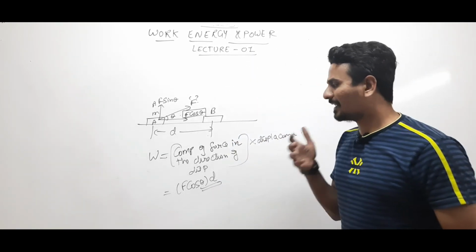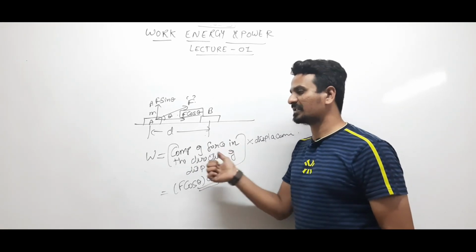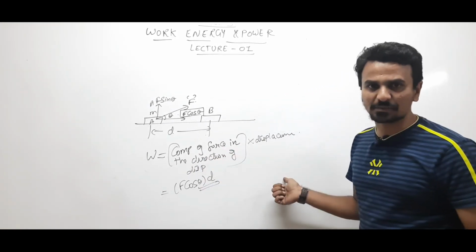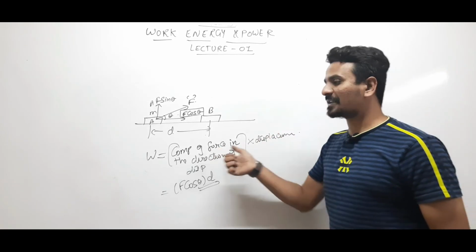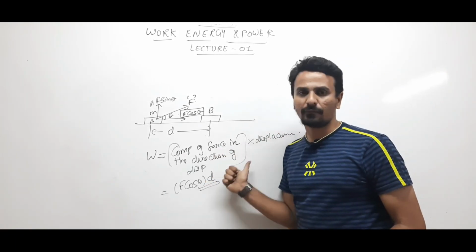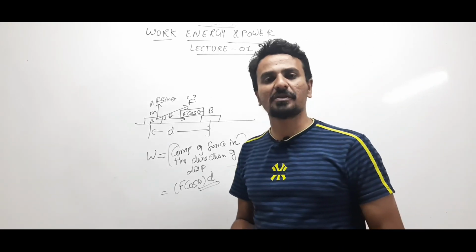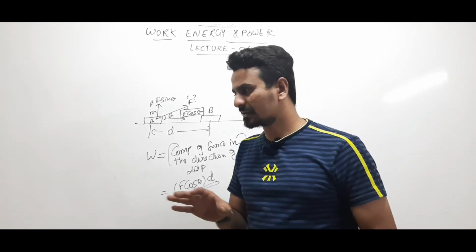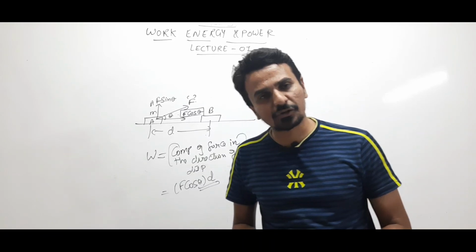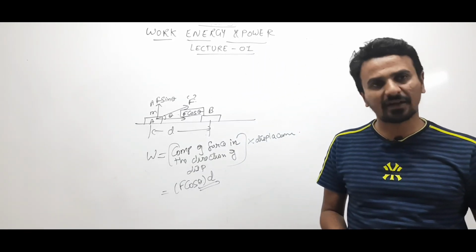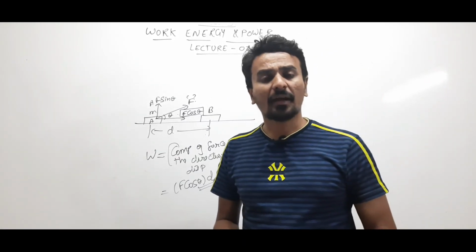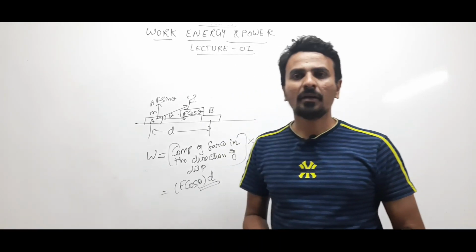So either you write it as component of force in the direction of displacement into displacement, or component of displacement in the direction of force into force. So these were all the different definitions of work done. We have seen the formula to calculate work done, F D cos theta, dot product of F and D. Of course, it's a scalar quantity.